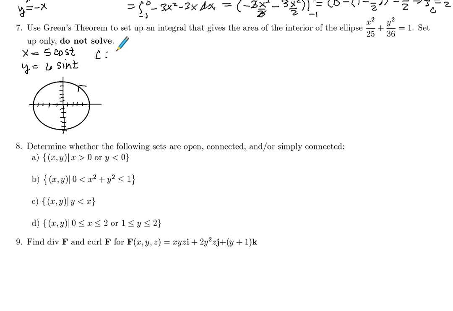So our C is going to be the curve 5 cosine t, 6 sine t, and 0 less than or equal to t less than or equal to 2 pi.